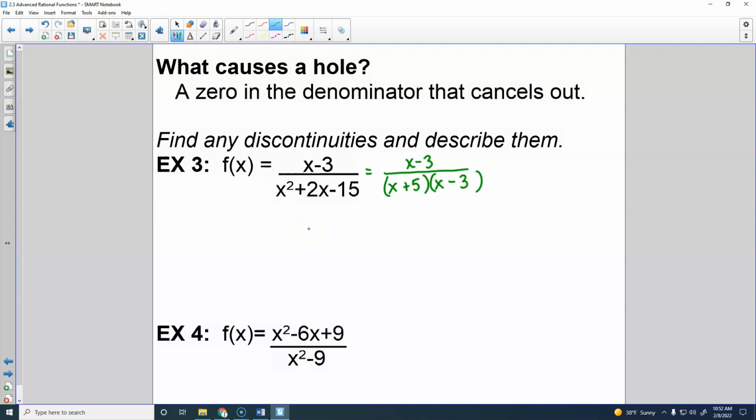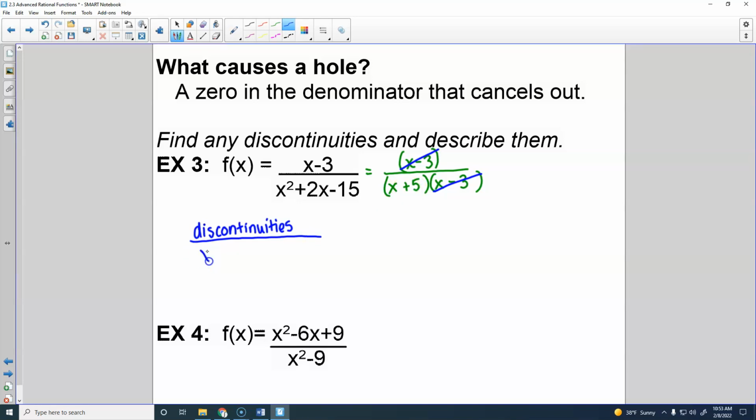So what happens here, it must be factored first before you can do any canceling. But this x minus 3 and this x minus 3 right here can cancel out. Now, to talk about the discontinuities, my discontinuities are going to happen wherever my denominator equals 0 before I cancel anything out.